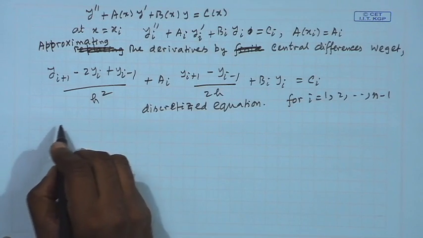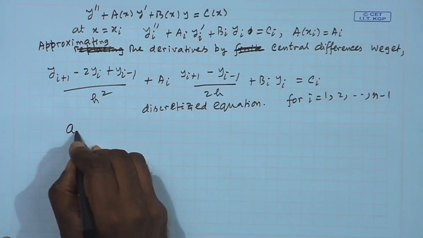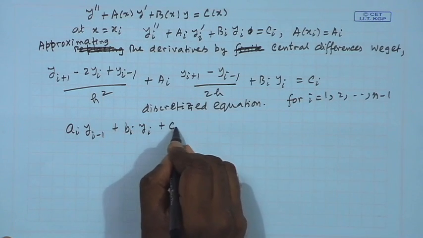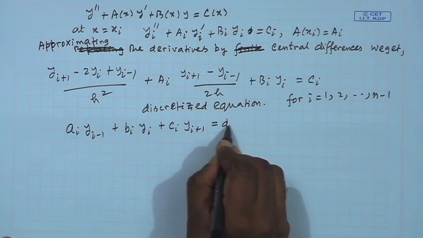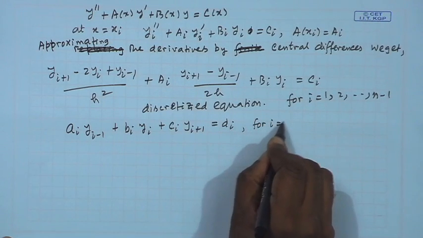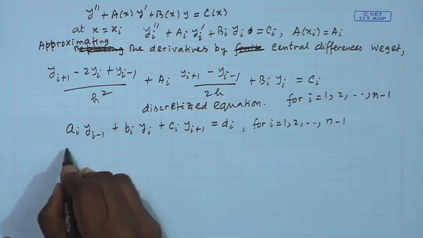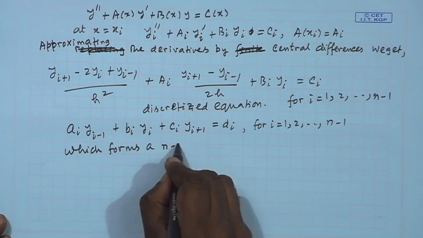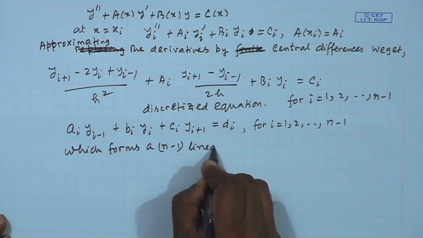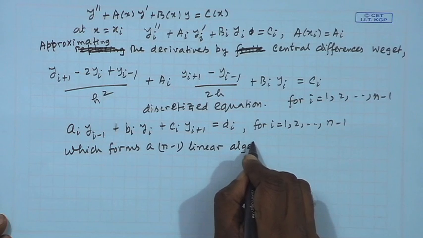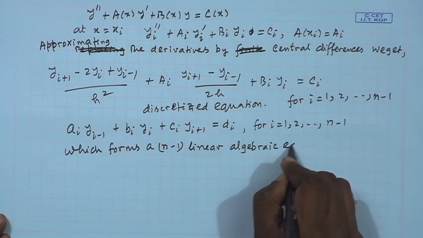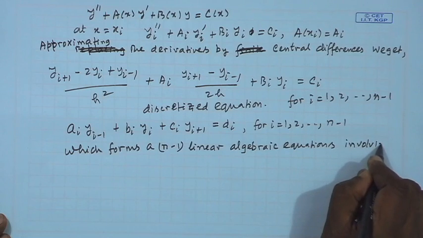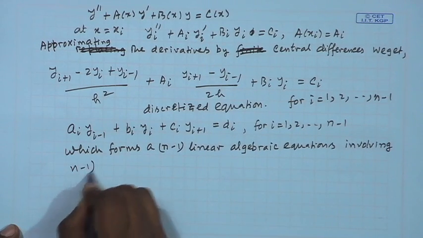If I collect the like coefficients, a i y i minus 1 plus b i y i plus c i y i plus 1 equal to d i for I equal to 1 to n minus 1, which forms n minus 1 linear algebraic equations involving n minus 1 unknowns.